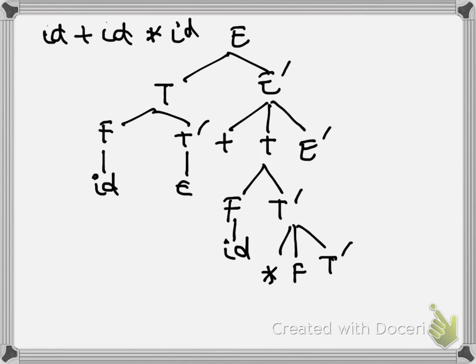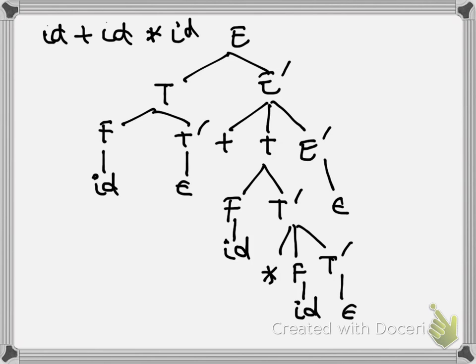Then the next replacement will be F replaced by id, and then T dash can be replaced by epsilon, and finally E dash can be replaced by epsilon.